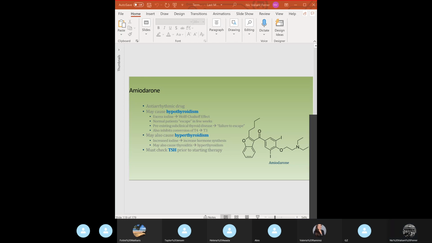Class 1A, your procainamide, right? 1B, lidocaine. Good. 1C, mexiletine, right? I know, there's a lot. It's from your cardio module. So for amiodarone, check TSH because it can cause hypothyroidism and hyperthyroidism.